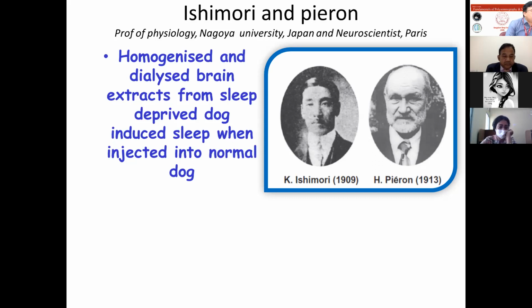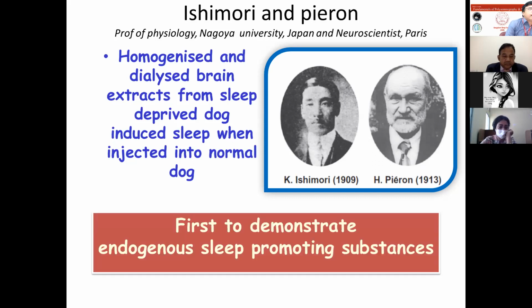They inferred, and first demonstrated, that there should be some endogenous substances which accumulate in the system whenever there is sleep deprivation, and when given to a normal animal, they induce sleep.